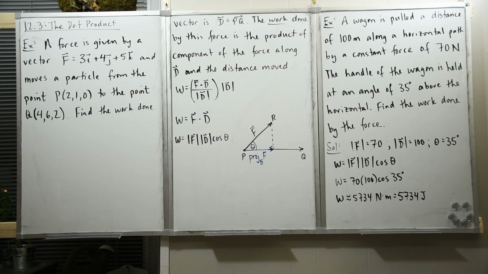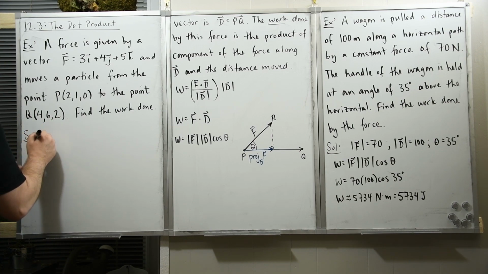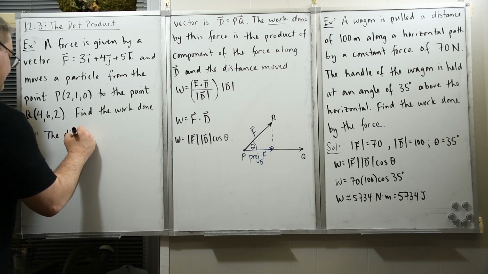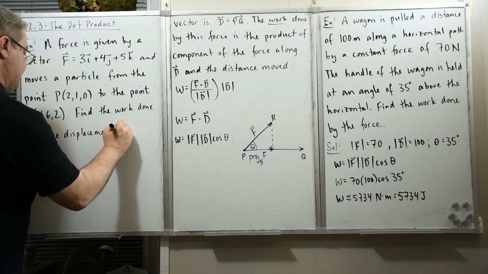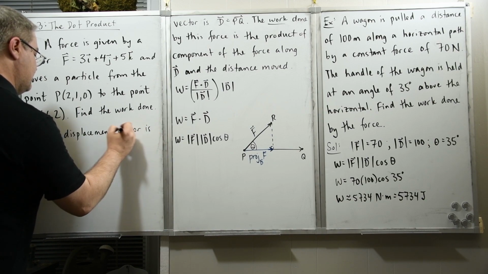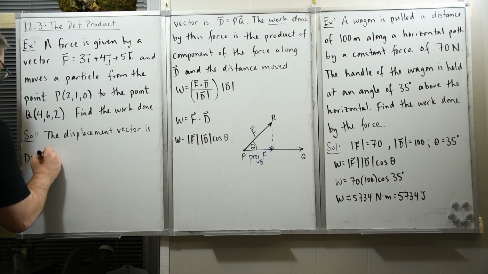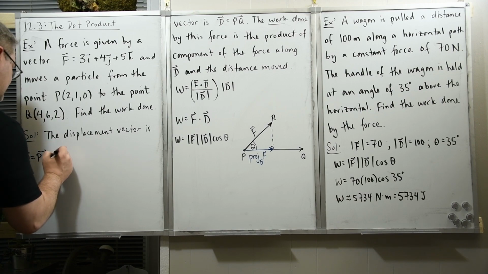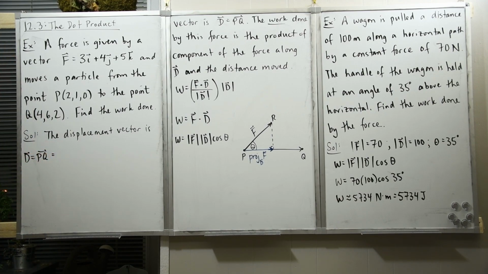So we're given the force vector here, and we're also told that the force moves a particle from the point P to Q. Now this vector PQ is going to be our displacement vector. To get this displacement vector PQ, you need to take terminal point coordinates minus initial point coordinates.